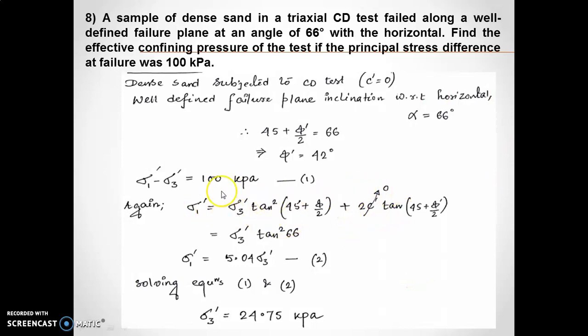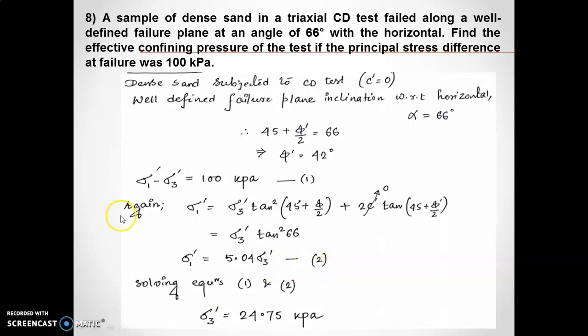So only these two terms will be there, sigma 1 dash is equal to sigma 3 dash into tan square alpha, where alpha is 45 plus phi by 2, 42 divided by 2 plus 45. So you get sigma 3 into tan square 66. Simplify this, you will get sigma 1 dash is equal to 5.04 sigma 3 dash.